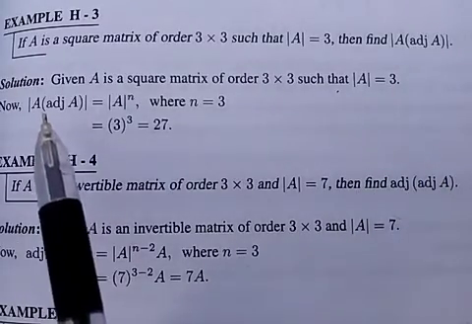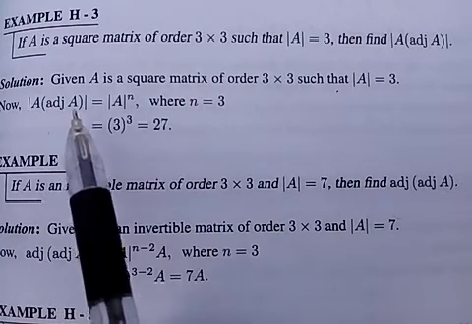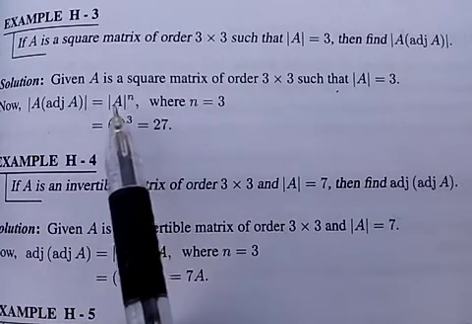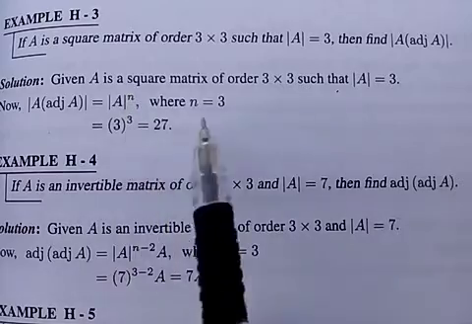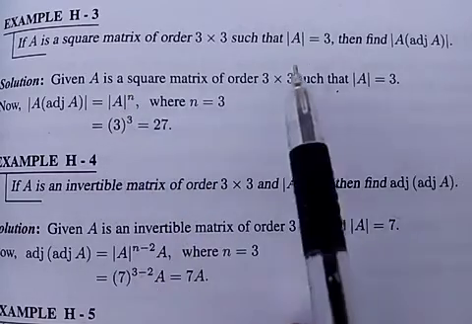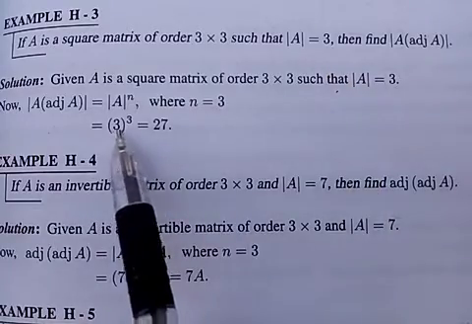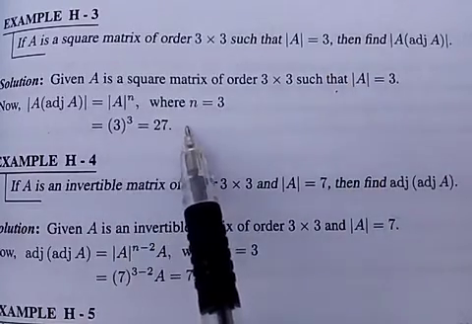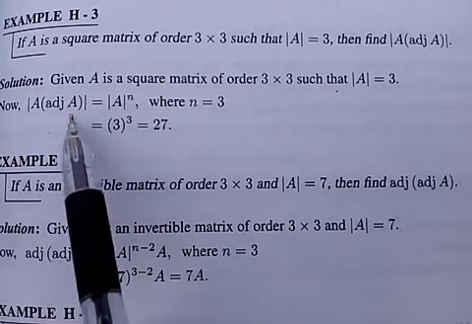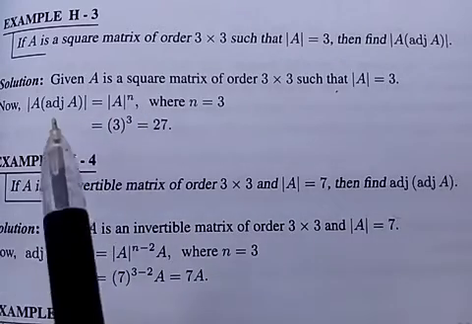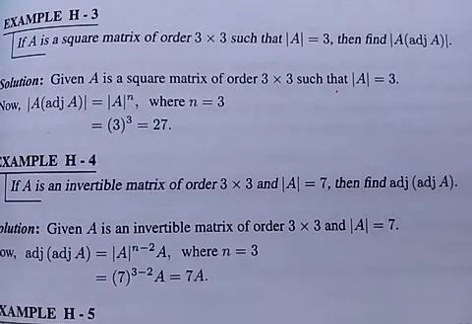Applying adjoint property, determinant of A into adjoint of A equal to determinant of A power n, where n equal to 3. Determinant of A is given equal to 3. Then we can write 3 power 3 equal to 27. We have applied here property of determinant, which property we have discussed.